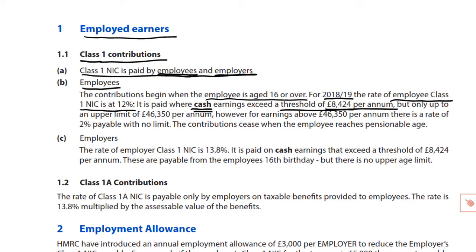And we only pay at that 12% rate up to an upper limit of £46,350 per annum. However, when we go above £46,350, sadly they don't stop these NICs, but they do become a much more friendly rate, because for earnings above £46,350 per annum, we have a rate of just 2% payable.